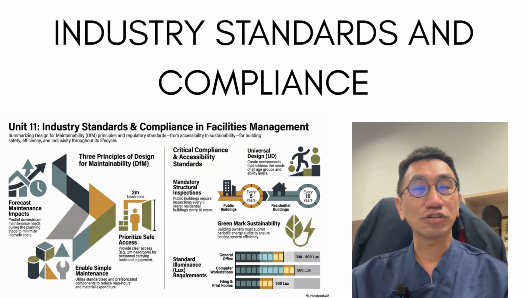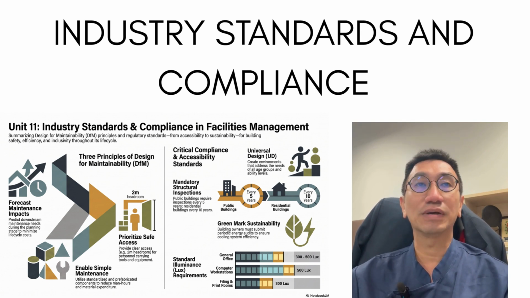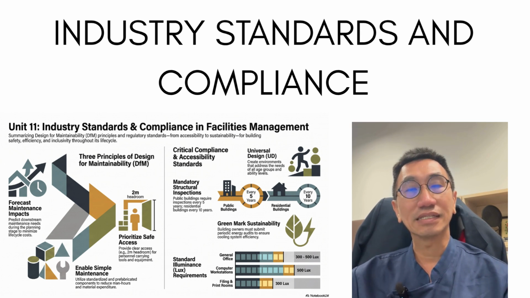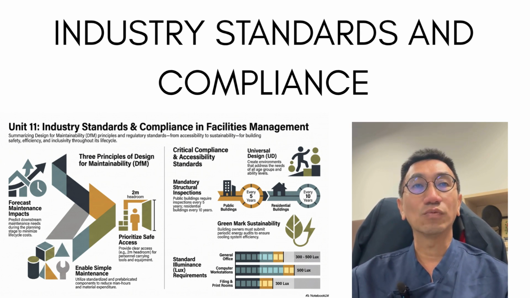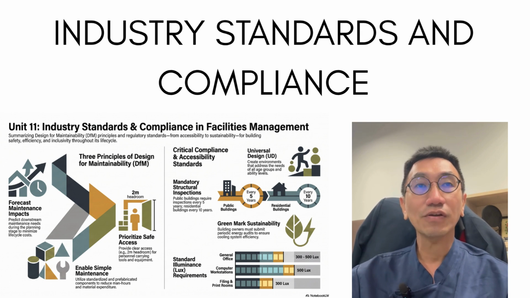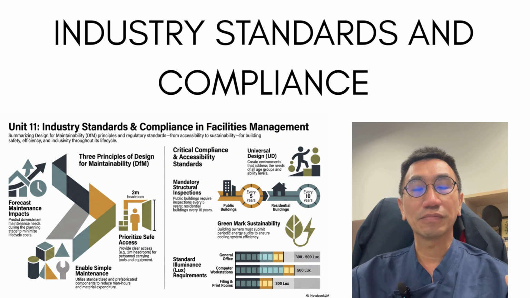So we talked about structural inspection and sustainability measures, and then we come to the fourth point, which is indoor condition and comfort. Indoor condition or comfort covers lighting, noise control, and workplace safety. For lighting, for example, some offices need a minimum of 500 lux.